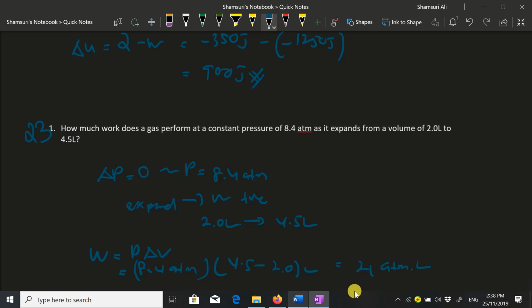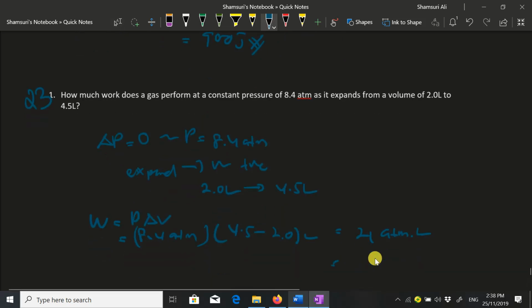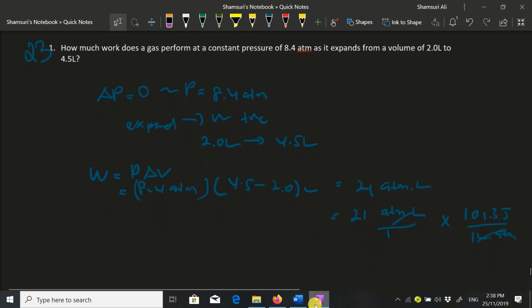If you want to change to joule, we have to convert: 121.8 atm liter per 1 atm with the 101 joule per 1 atm liter. So we can calculate this one and then we get the joules, which is 127.